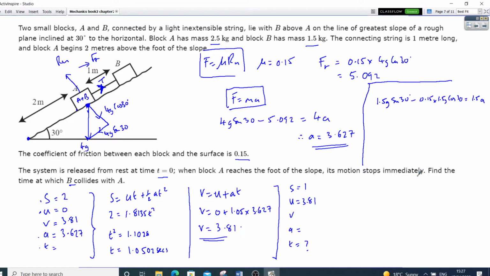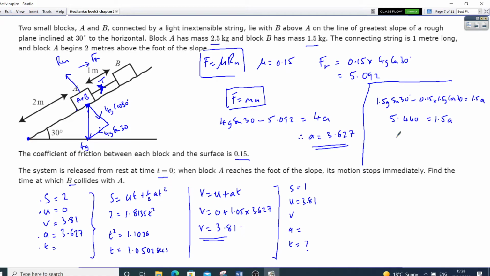So if I do 1.5 times 9.8 times sine 30, minus 0.15 times 1.5 times 9.8 times cos 30, that'll give me 5.440 etc. equals 1.5a.